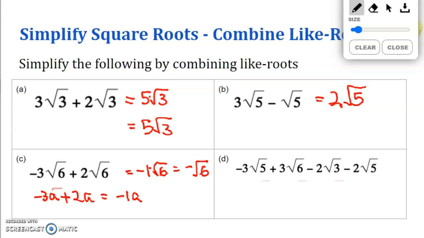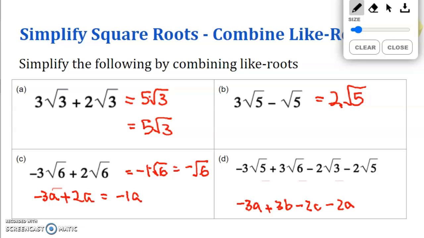Okay, let's talk about this. This is negative 3 root 5 plus 3 root 6 minus 2 root 3 minus 2 root 5. I can rewrite this as negative 3a plus 3b, because root 5 and root 6 are not like terms or like roots, minus 2c, because again root 3 is not like root 5 or root 6, but then I have another root 5, which is an a.